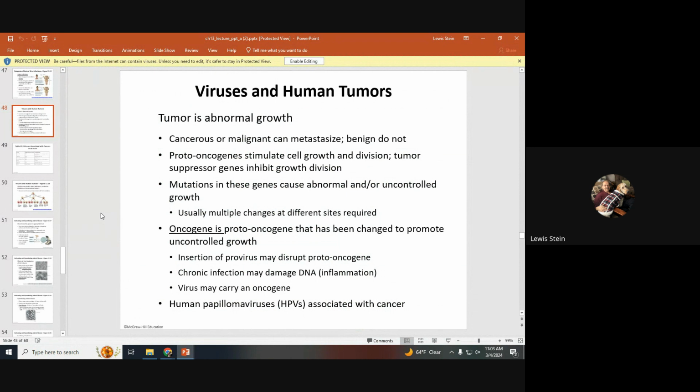They inactivate in the presence of certain viral mutations, so effectively you lose your brakes.